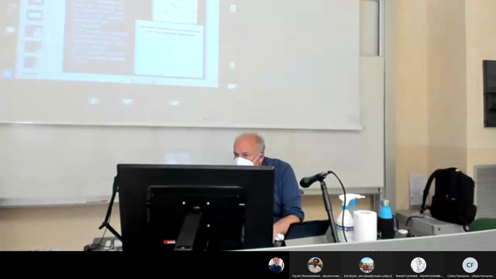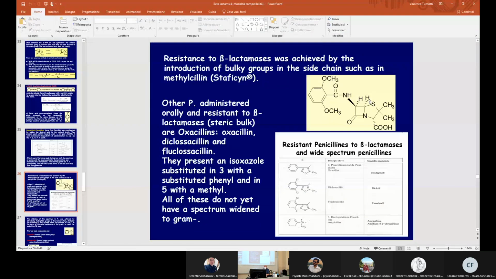The penicillin with the bulky group is to avoid bacterial resistance to beta-lactamases, because you have a negative cloud just around the beta-lactam ring. And the one with the oxygen is to increase the stability in the acidic environment.